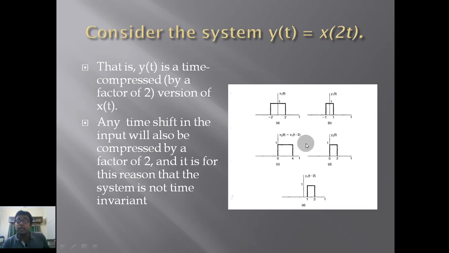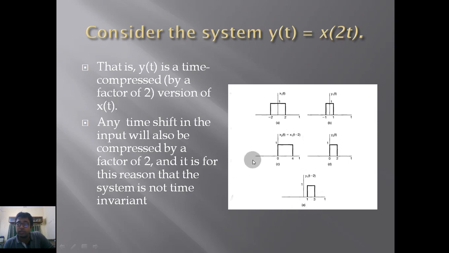So what we have discussed here is that this is the input signal and this is the output signal of the system. Now if we shift the input signal by -2, the output should also shift by the same amount, and that will be this.